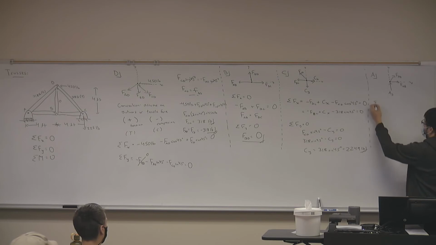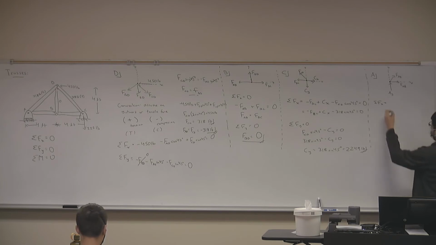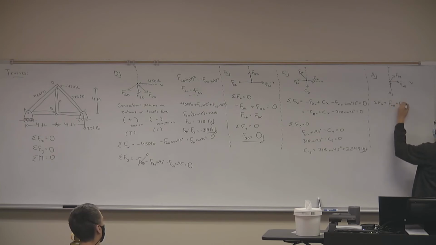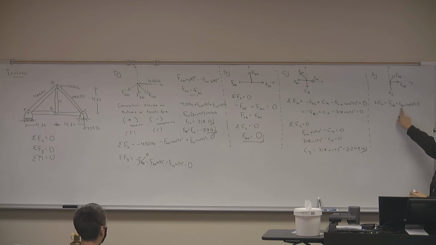We have small forces in the X direction. What are those forces? FAB, and then the FAD cos 45. Yep. All this equals 0. Good. Do we know any of these two variables? Which one?